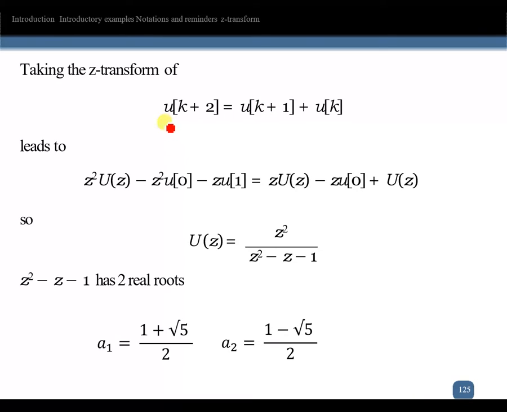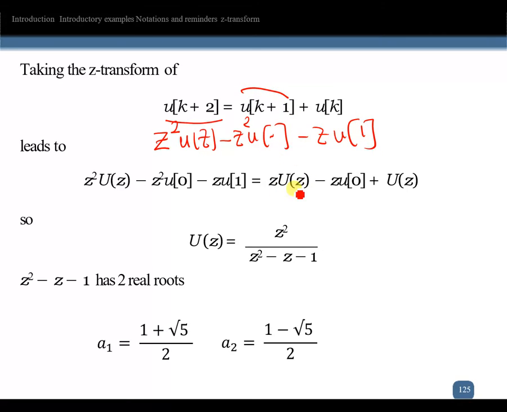If I take the z transform of here, this becomes z² U(z) minus z² u(0) minus z u(1), if you remember. The same thing for the other terms.